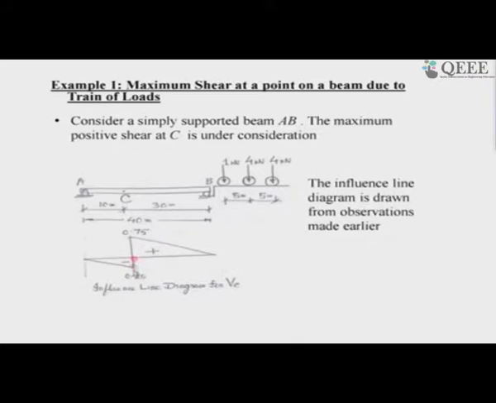I am seeing that this is a negative effect on the left, this is a positive effect on the right. That means, if my unit load or the concentrated load moves, when the load is here, I have a negative shear here, when the load is here, I have a positive shear here. So, if it is a question of a single concentrated load, I have no doubt.